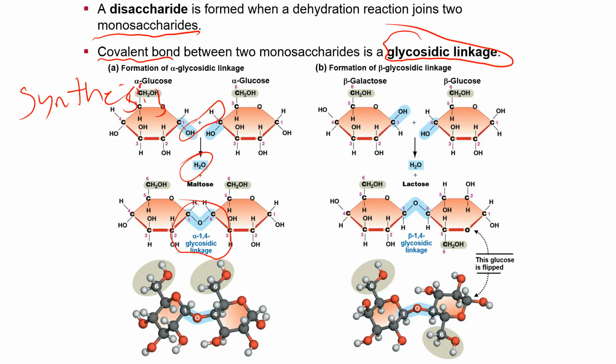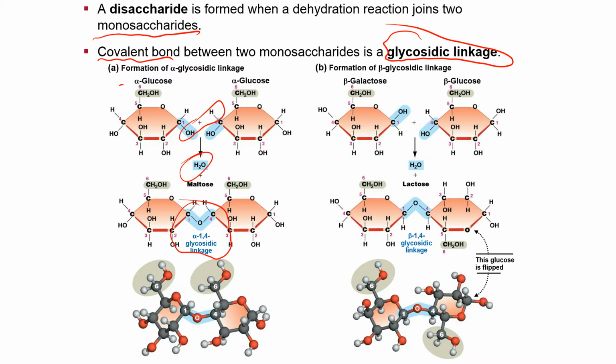Now, maltose. Maltose is composed of two monomers of glucose. So maltose is malt sugar, the malt flavoring you find in your favorite chocolate or vanilla or strawberry malts. They use malt sugar.